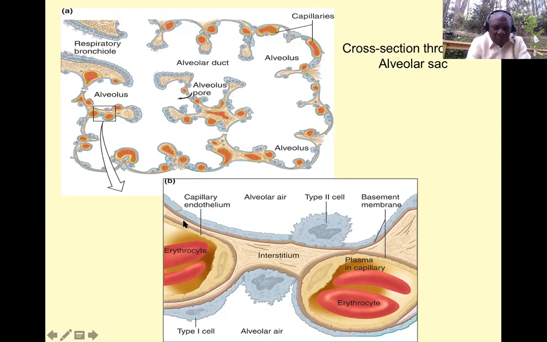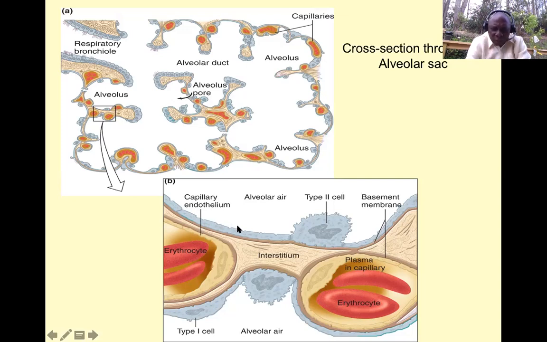In the case of the capillary, that's the only lining, which makes these vessels ideal for exchange, for diffusion. Then you can see the close interaction between the capillary and the alveolar. So this is about 0.05, like we said, micrometer, a very, very thin membrane to promote diffusion.